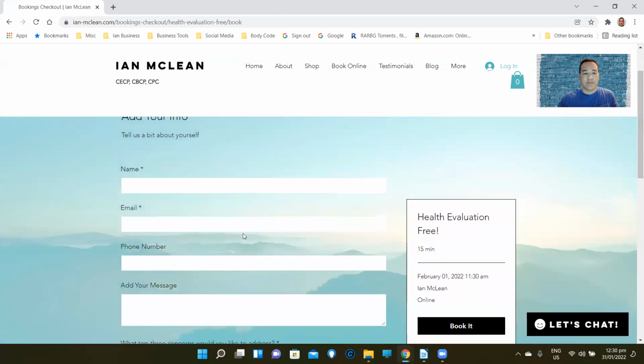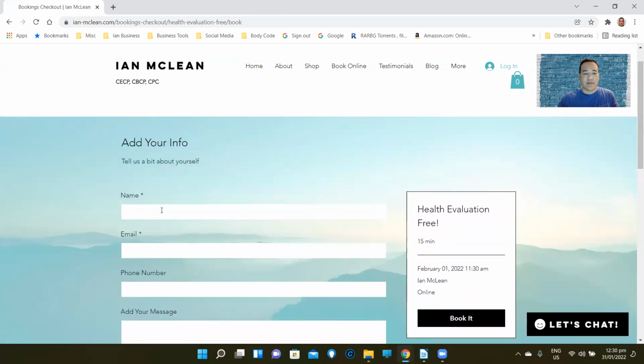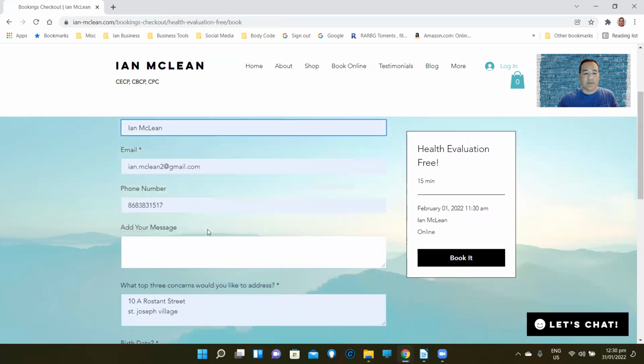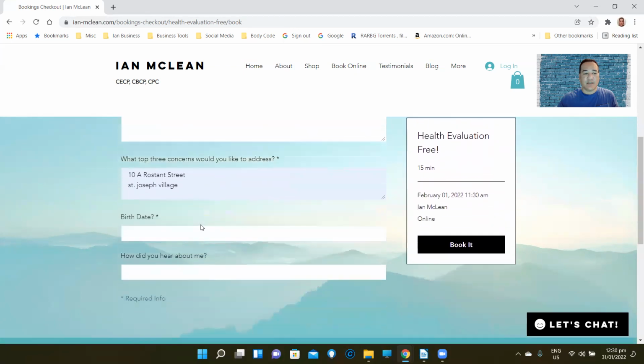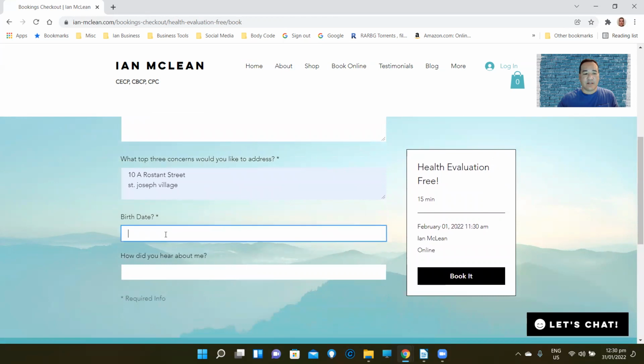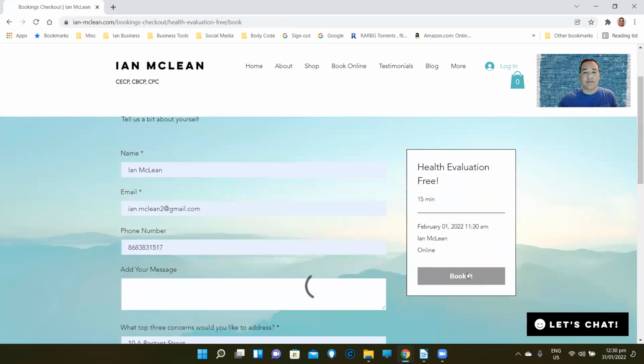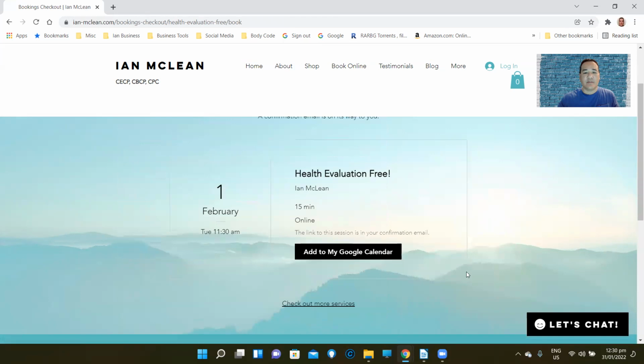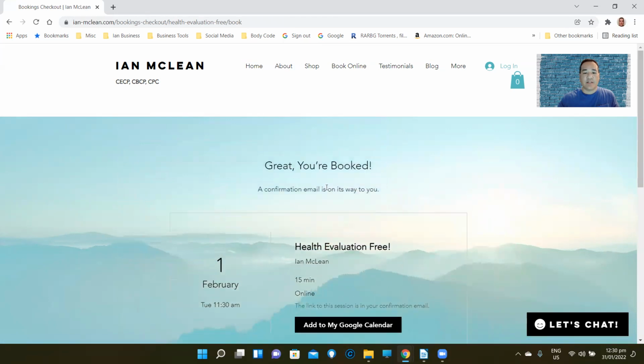All right, I'll do a sample one here with my information. I'll just put some default stuff here. When you click book it, it shows up, great, you're booked.